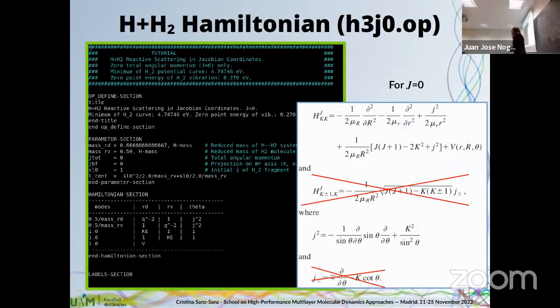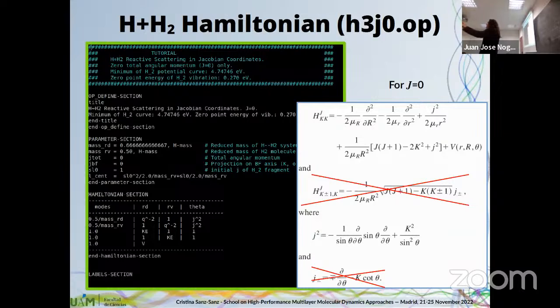So, do we all know what the total angular momentum is? So you know that it is basically perpendicular to the momentum and the position. Okay. So then we have a J, perpendicular, and then we will have its projections. These projections K, the projections of this total angular momentum J, into the body fixed frame.